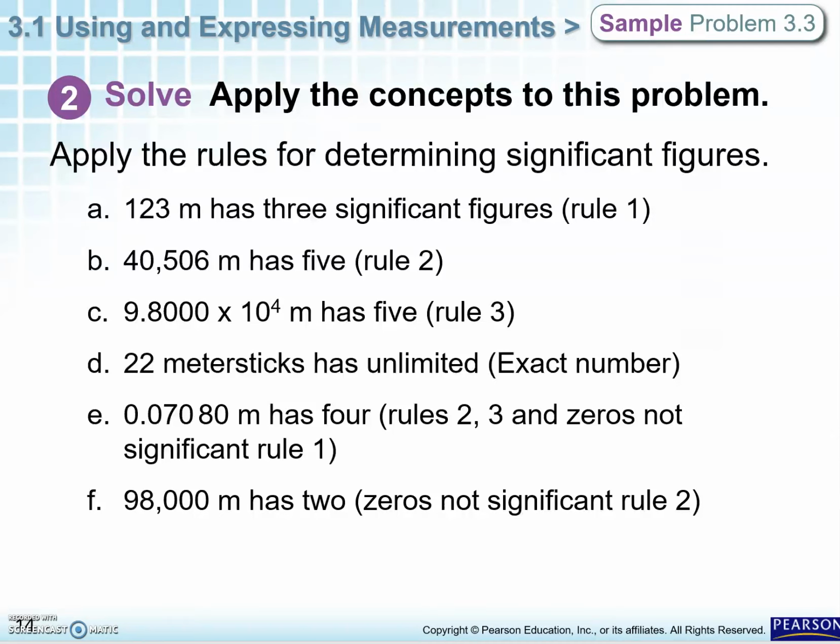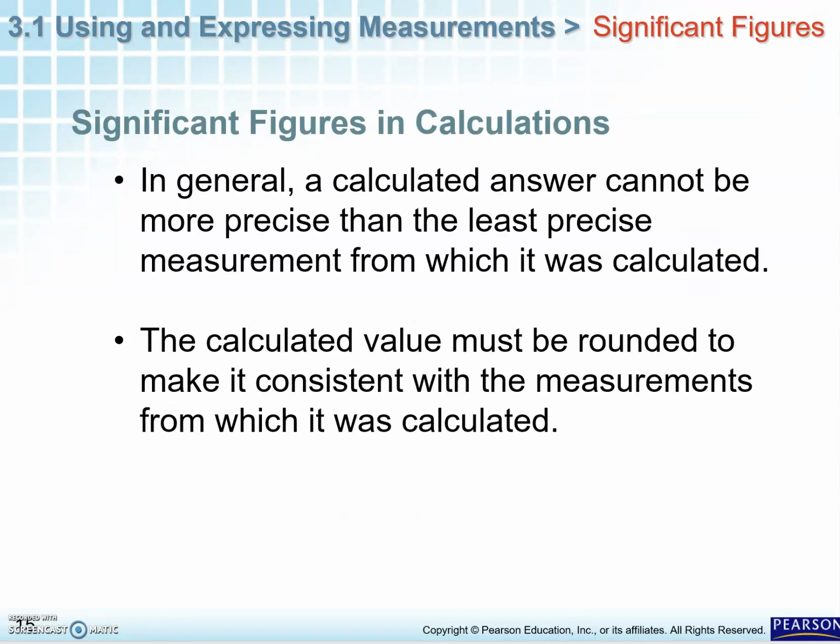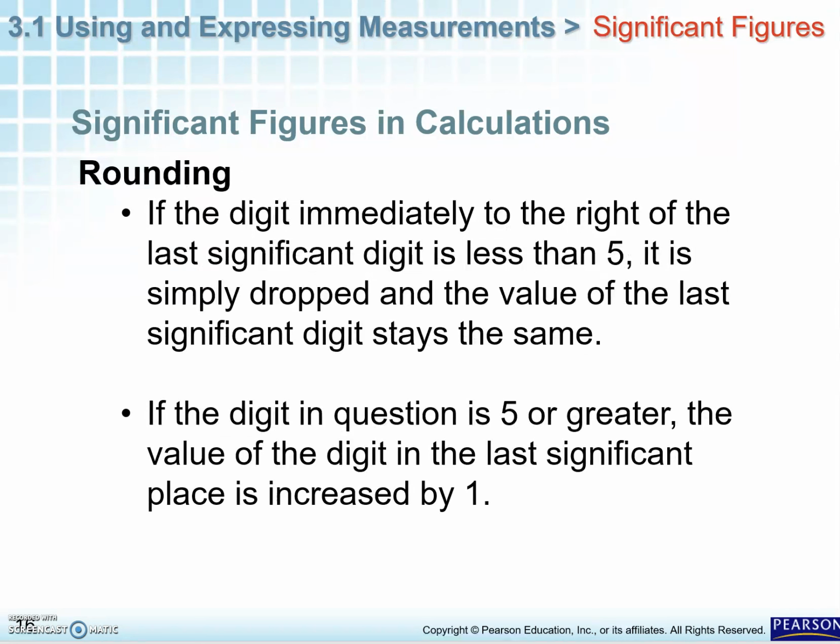Whenever you are finding all of these significant figures, you also have to have specific rules about addition and subtraction, because the number of significant figures that you keep depends on what kind of calculations you are doing. All of these calculations have to do with rounding, however.